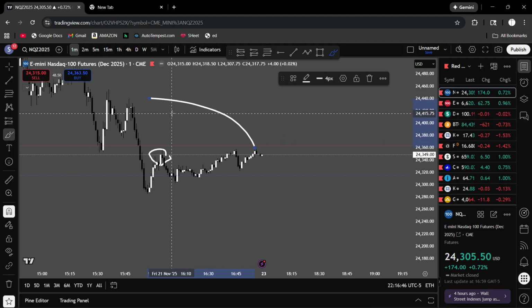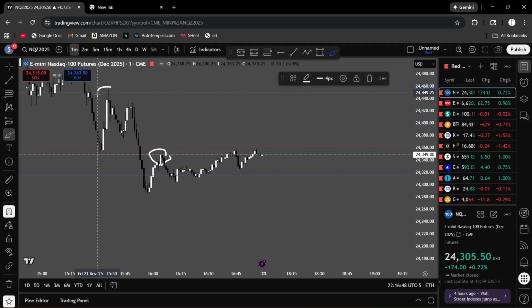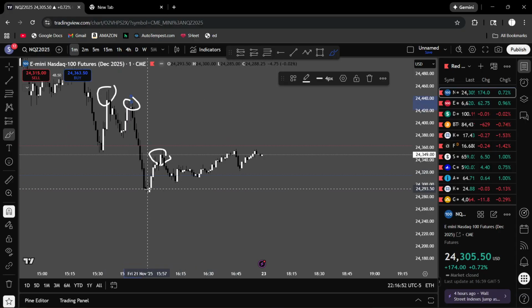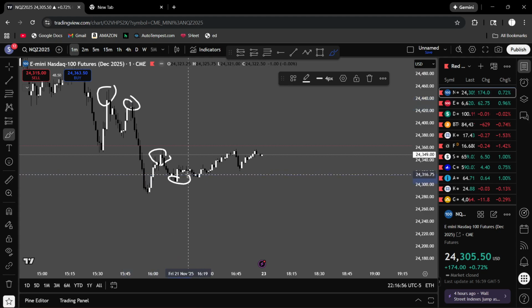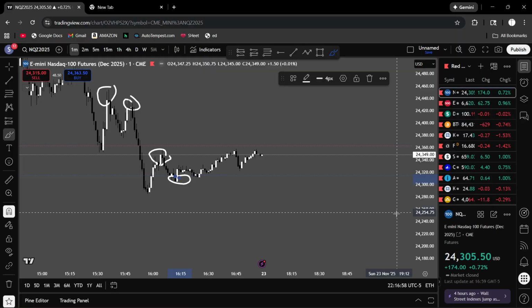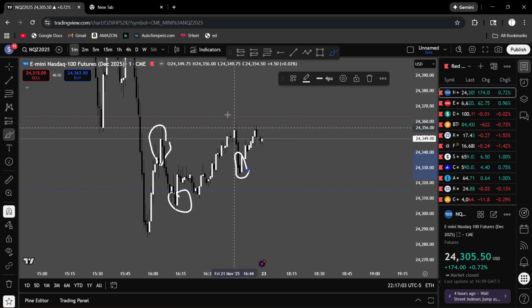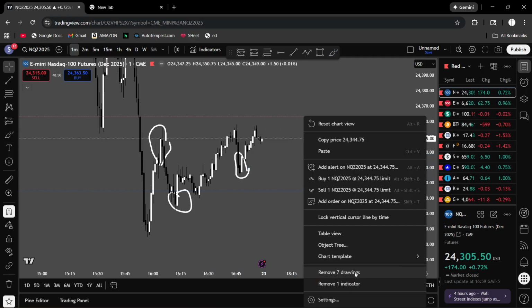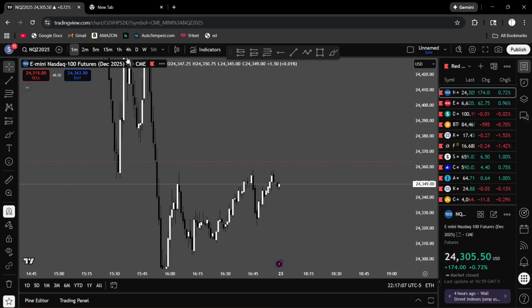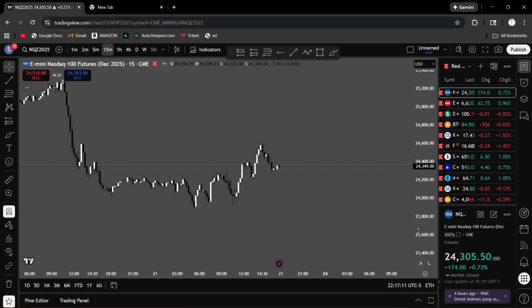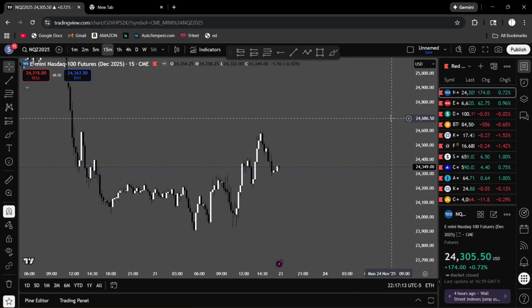This is a swing high. Sorry, let me circle. This is a swing high. This is a swing high. This is like a prominent low. This is a swing low. Another swing low. You see, it's very obvious.